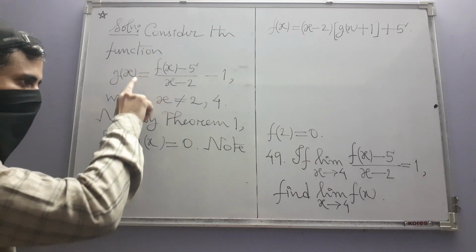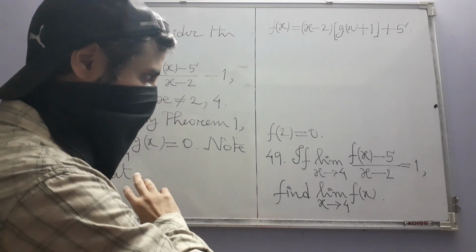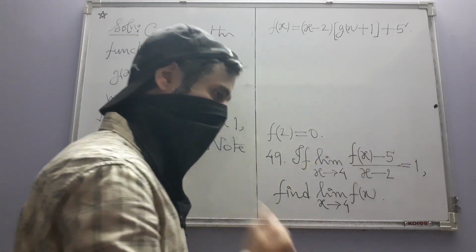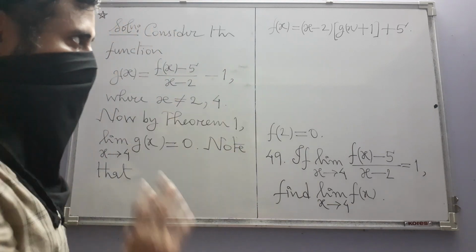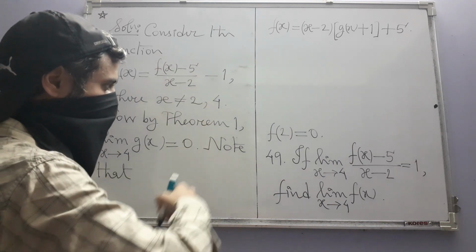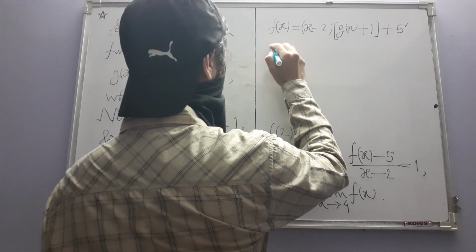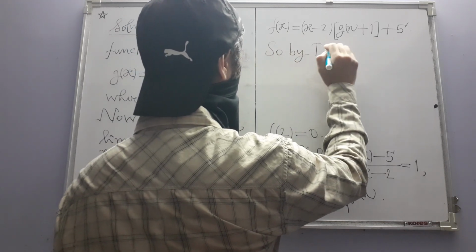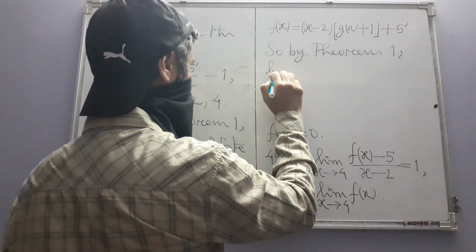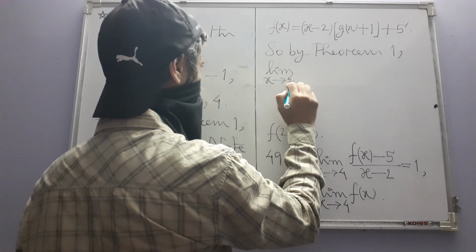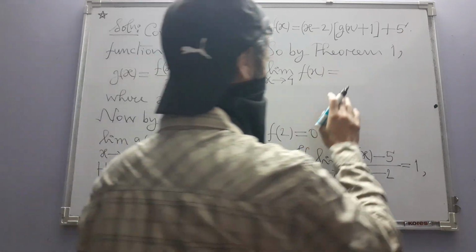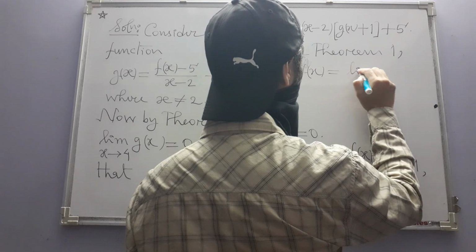So the problem that we were encountering previously, while we were directly trying to calculate the limit, is that whether the limit of f of x exists or not, we cannot discern. But now we are sure that it exists, and that comes from theorem 1 and these considerations. So by theorem 1, if you use the several parts of theorem 1 at once, then you get this.